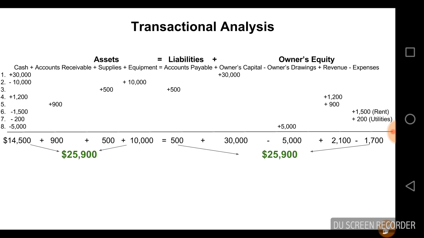We want to subtract that from the equity, plus the revenue, because revenue increases equity, of $2,100 for the services that were performed for customers, minus the rent expense and utilities expense, which totals $1,700. That also gives us $25,900. So as you can see, the accounting equation is still in balance after 8 business transactions.